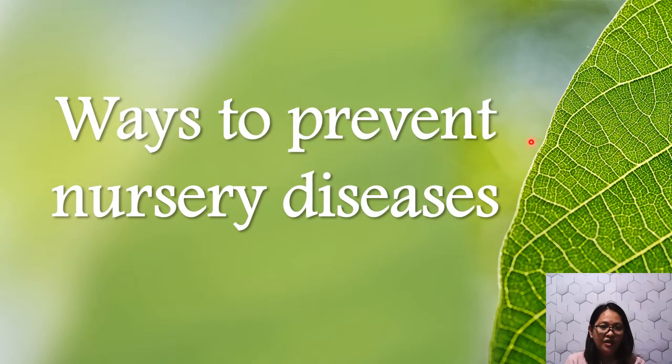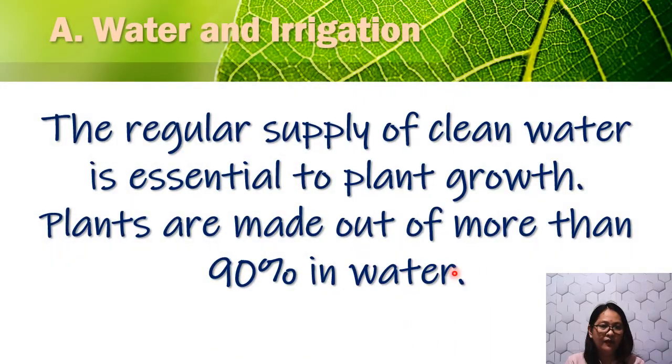Now, let's move on to the ways to prevent nursery diseases. Letter A, we have water and irrigation. The regular supply of clean water is essential to plant growth. Plants are made up of more than 90% water.